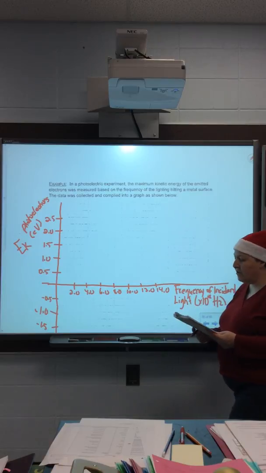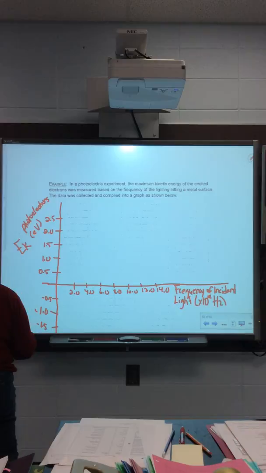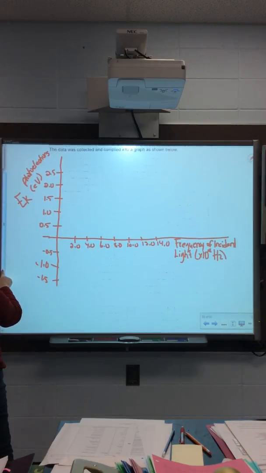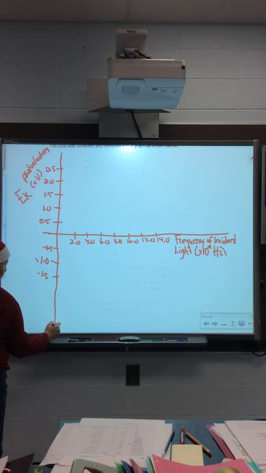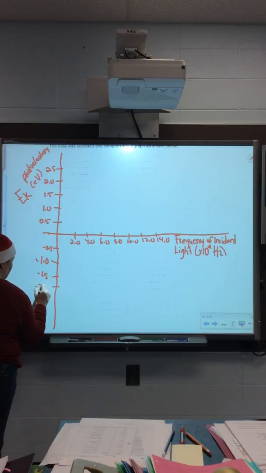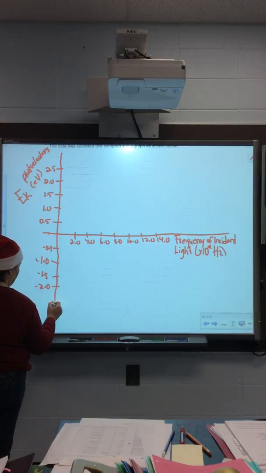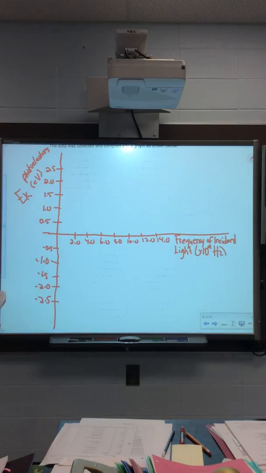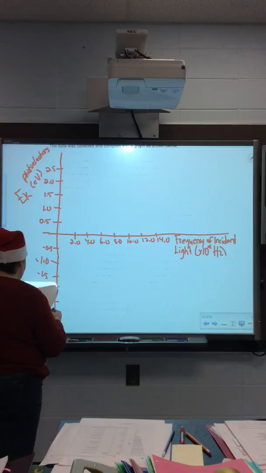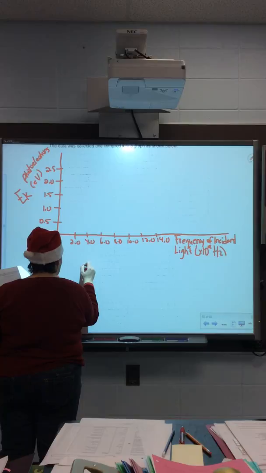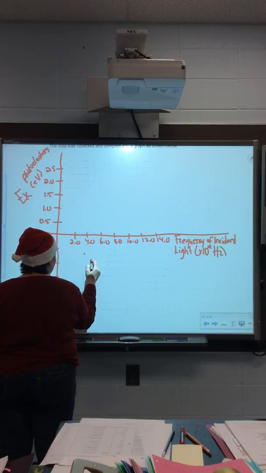And so with the data collected, we know that there's a point here. Oh, I didn't extend my chart far enough. Roughly here, there's a point at 3.5 and negative 0.70.